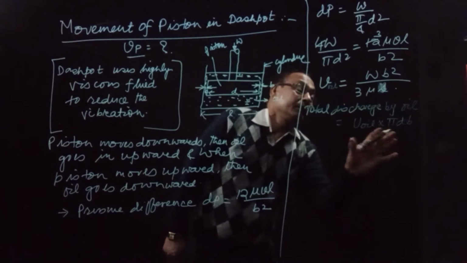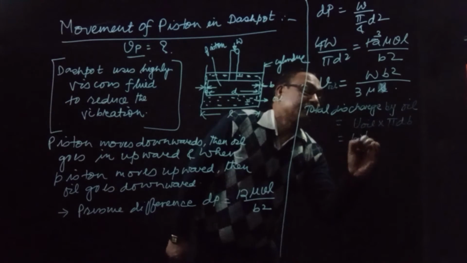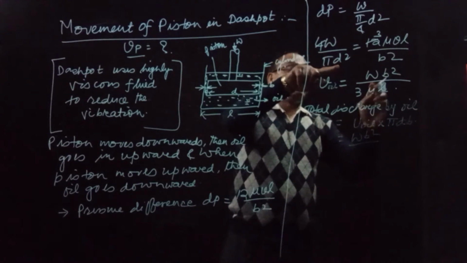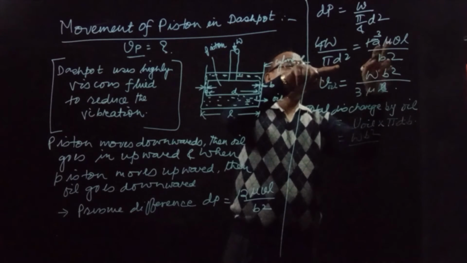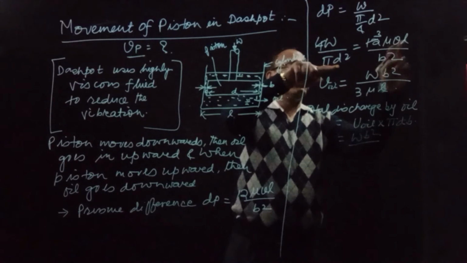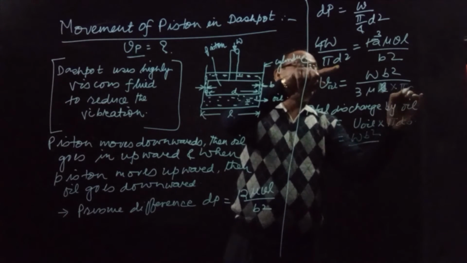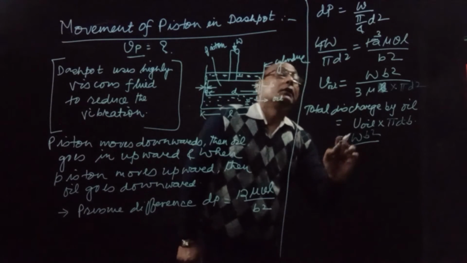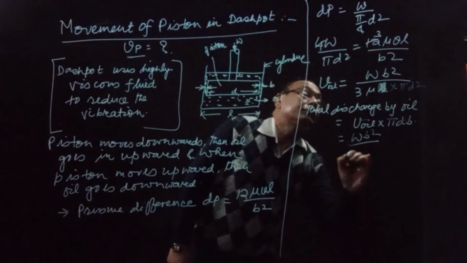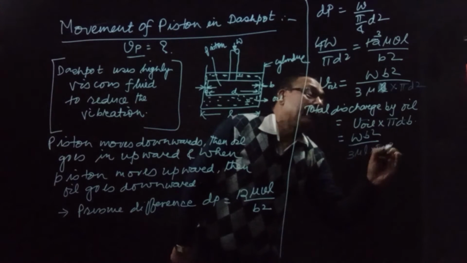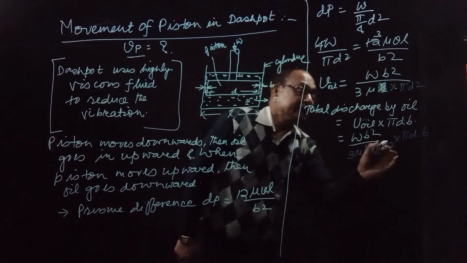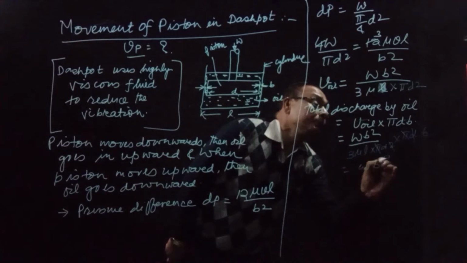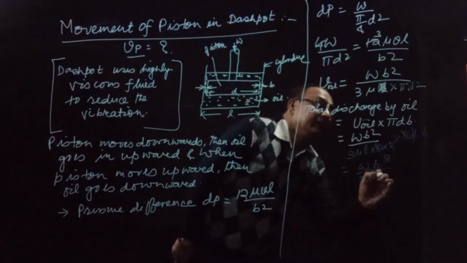So the velocity of the oil is W B square by 3 mu L into pi d square, into pi d and B. The pi and pi will get cancelled, d and d will get cancelled, and we will get W B cube by 3 mu L d.